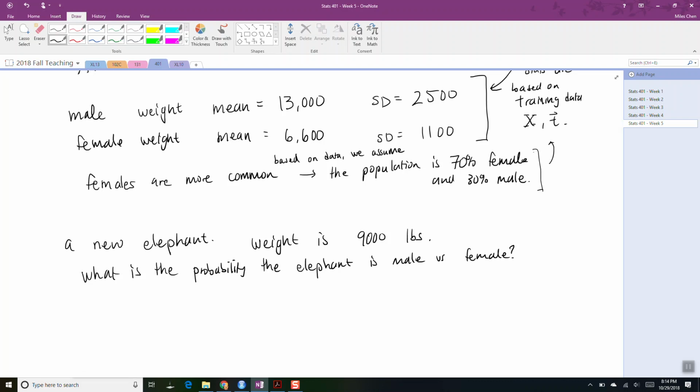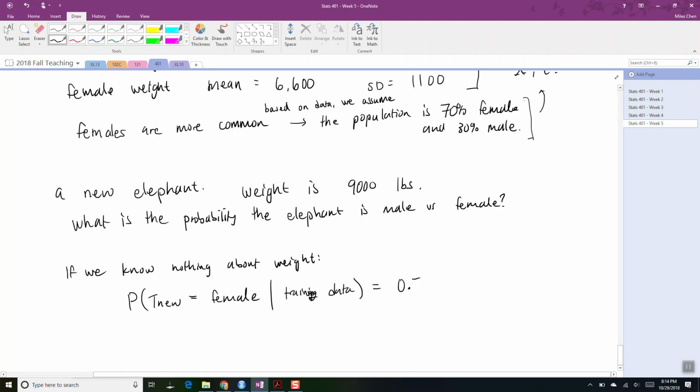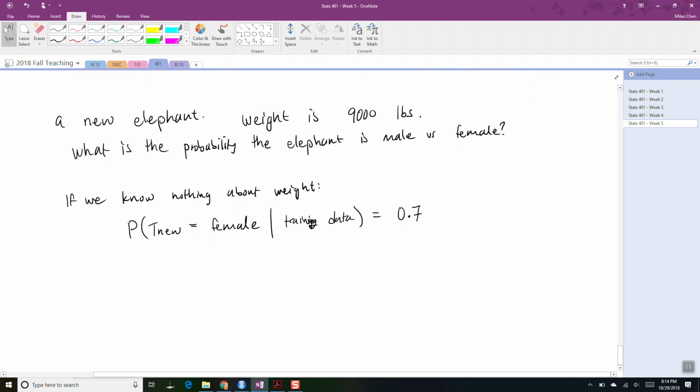And so now we have this thing. If we know nothing about the weight, we would say the probability that T nu is female, given our training data, would be 0.7, right?